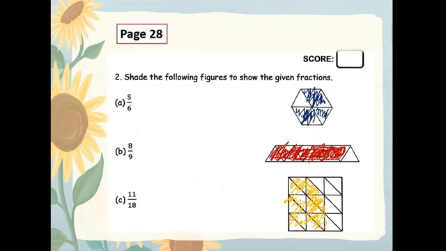Okay, only 11. Okay, so this is the answer for practice number 2. So if you are correct, write your score 3 over 3.